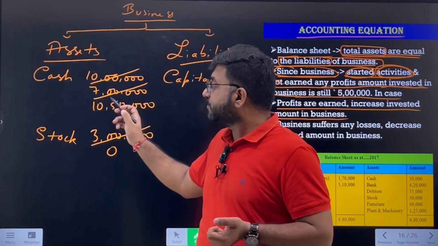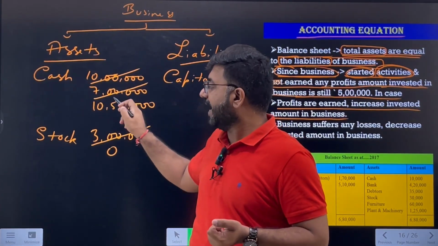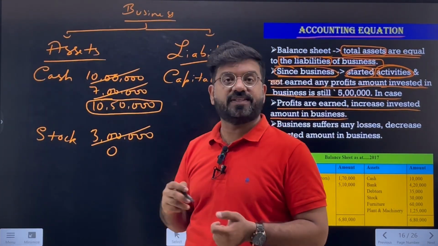Now, what will happen? The goods have been sold to the customer for 3,50,000. So what is the actual cash which the business has received? 3,50,000. So 7 lakhs plus 3,50,000, the total cash in hand will be 10,50,000.